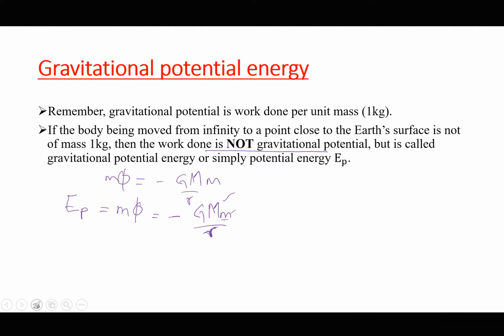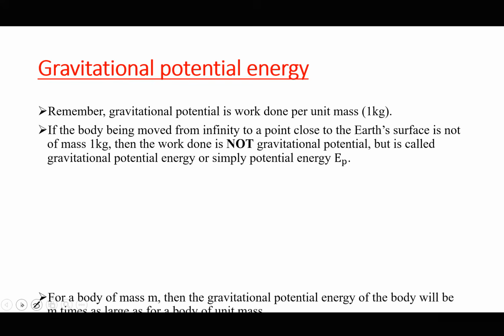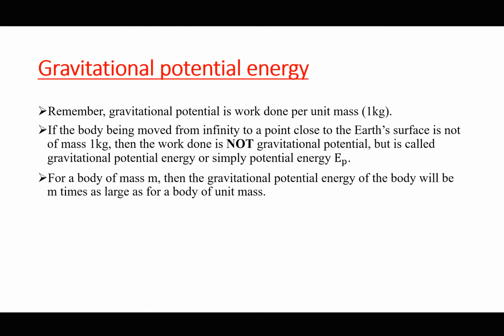I have said for a body of mass m, its gravitational potential energy will be m times as large as for a body of a unit mass. Note that for a body of a unit mass, it was negative GM over r.